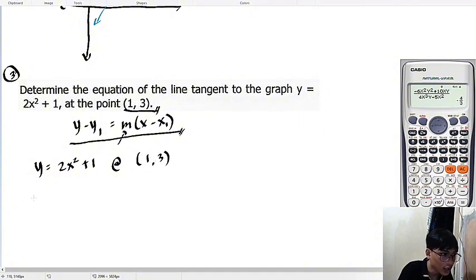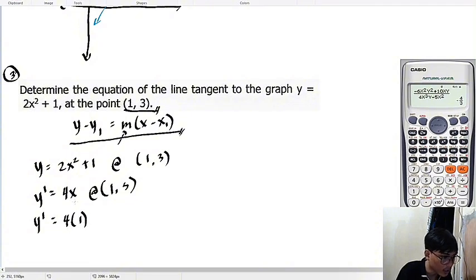Okay? So y is equals to 2x squared plus 1 at 1, 3. So meaning, to get the slope, we have to get the first derivative. y prime is equals to derivative of 2x squared is simply 4x, and the derivative of 1 is simply 0. And then substitute 1 and 3 at 1, 3, simply y prime is equals to 4 times 1.